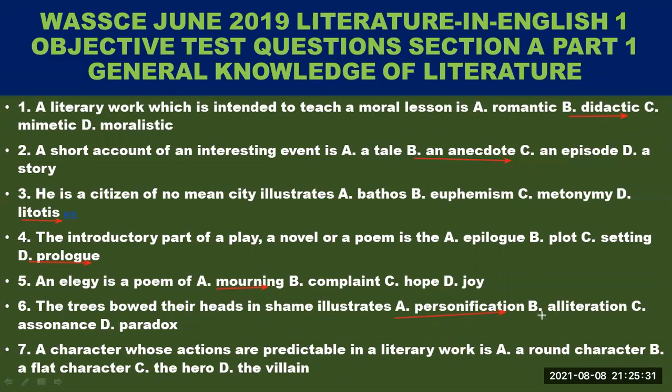All right. Alliteration is the repetition of the initial consonant sounds in a line of poetry. Assonance refers to vowel sounds in lines of poem. Paradox is a statement that combines two opposite ideas.